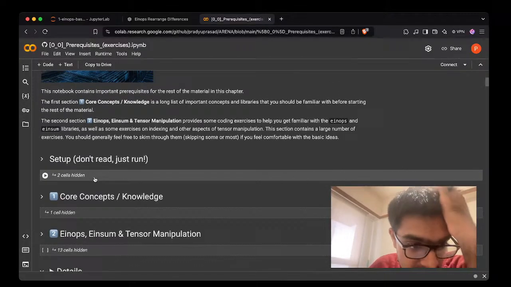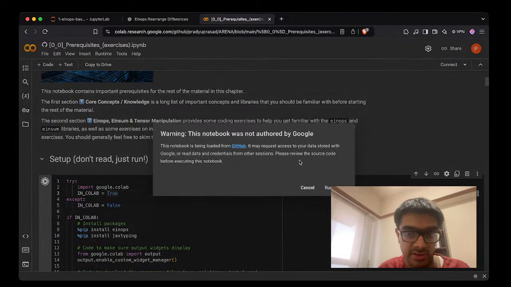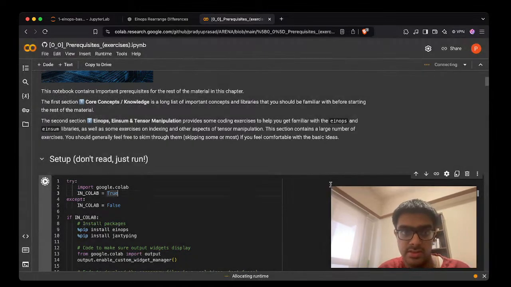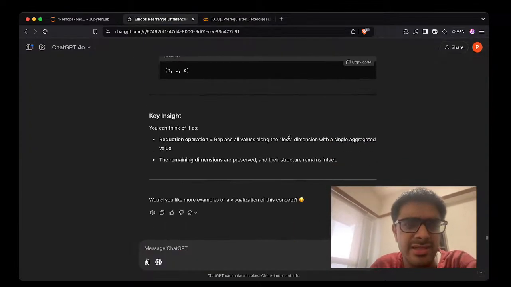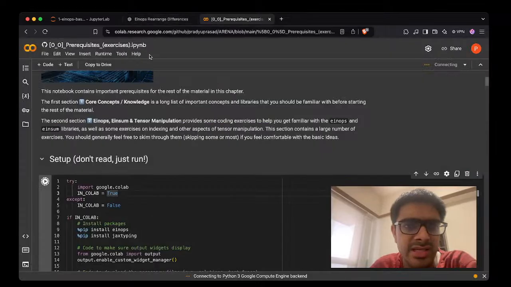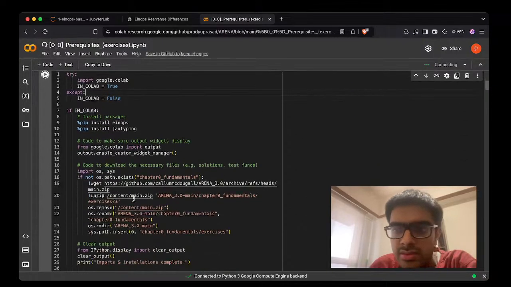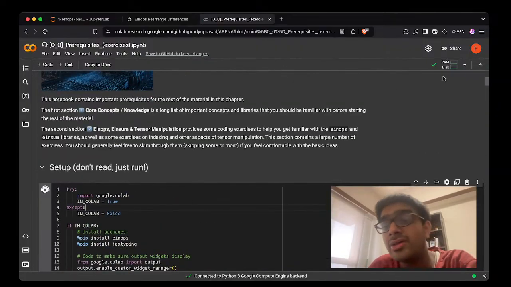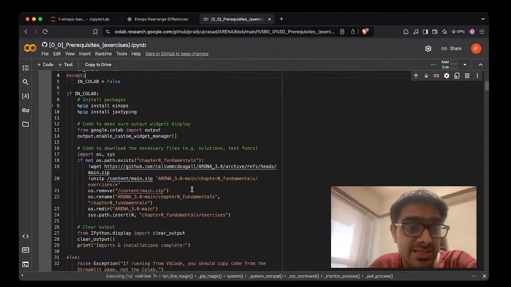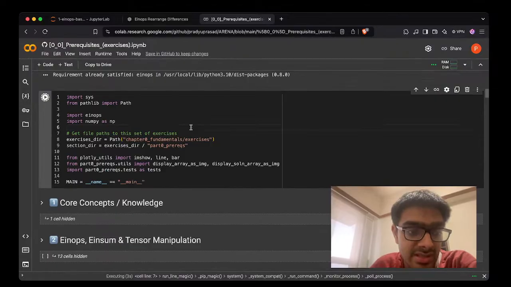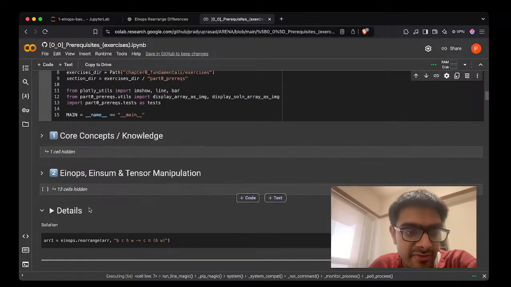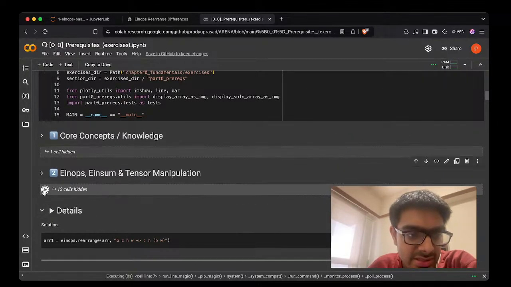We already did this. There should be a thing which says save to GitHub though. Why am I not getting the save to GitHub? It's really annoying. Oh, okay. Only after it connects, this shows up. I see. Save to GitHub. Keep changes. Here's where the fun part starts.